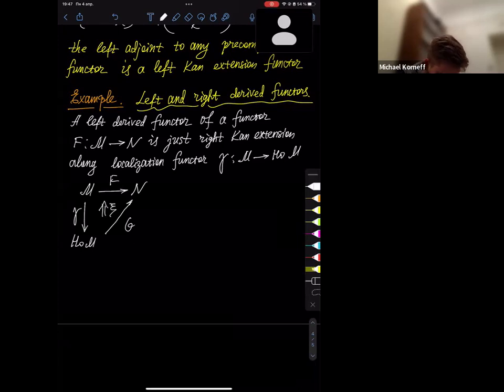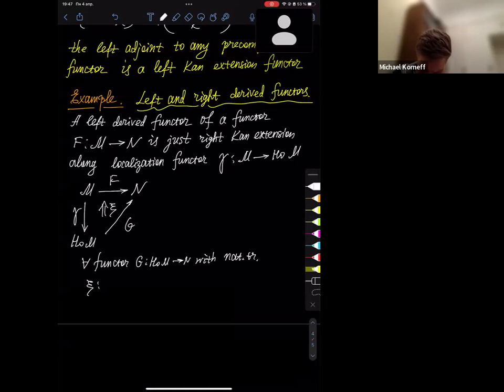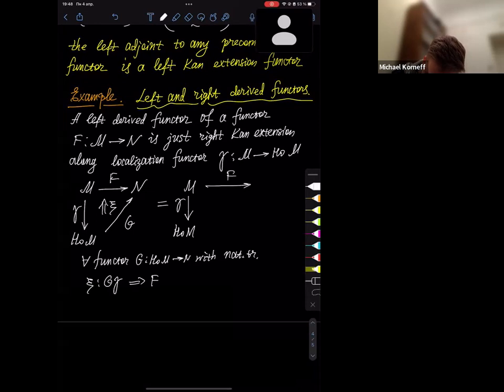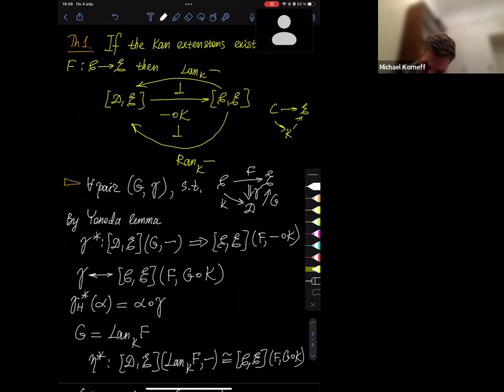For any functor G with natural transformation psi from G gamma to F, sorry.